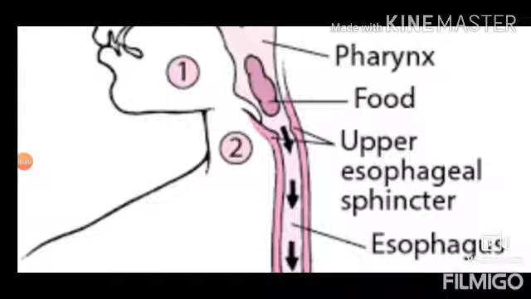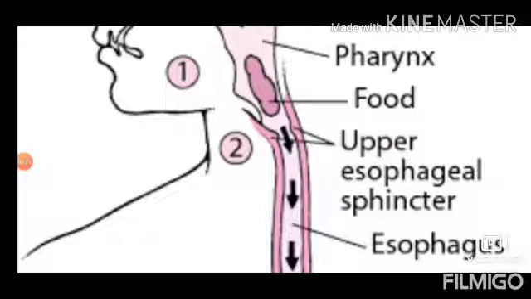So children, the next is, after the buccal cavity, the food moves towards the esophagus. Even the esophagus has certain parts which do different functions. The first part is the opening through the throat into the esophagus, called the pharynx.